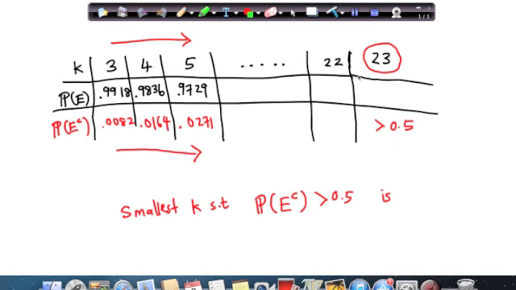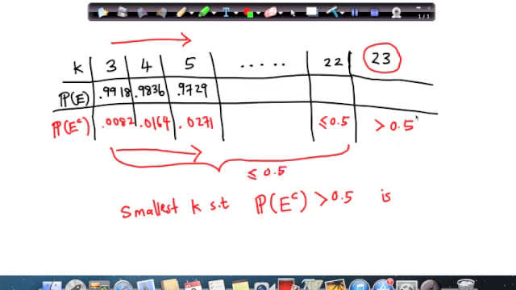For all the other values of k below 23, the probability will not exceed 0.5. So all the probabilities here will be at most 0.5.